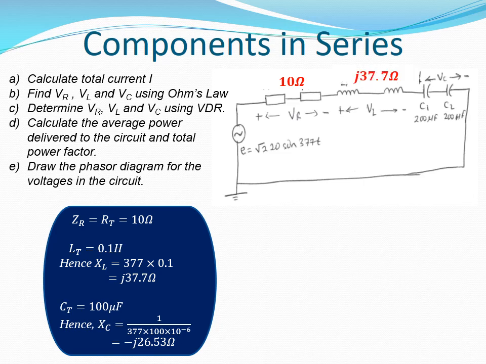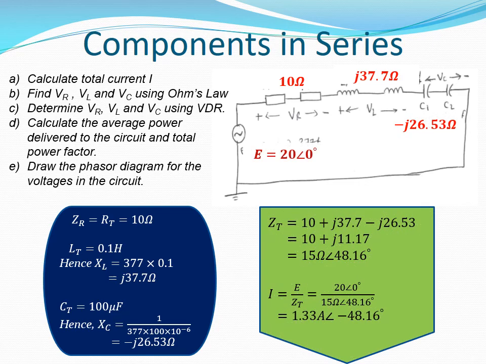For the capacitances, the overall capacitance for the two capacitances in series is 100 microfarads. The corresponding impedance is minus j26.53 ohms. The total impedance of the circuit is the sum of the individual impedances of the pairs.